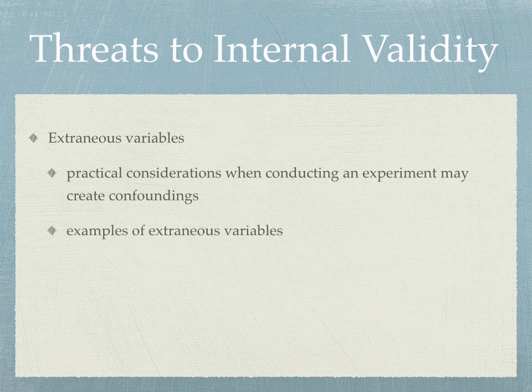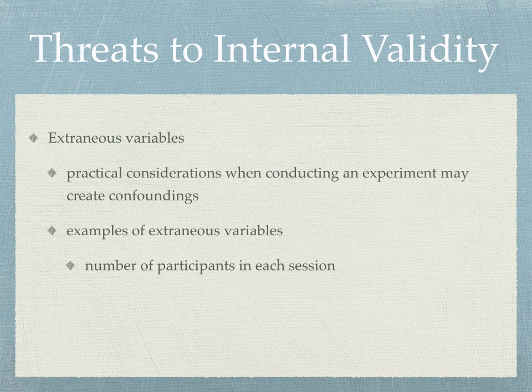Some examples of these include the number of participants in each session. So if you have 3 participants when you have your control condition and you have 25 participants when you do your experimental condition, that's very different. They're getting very different situations. Those are kinds of situations that you need to control for and really kind of equate.